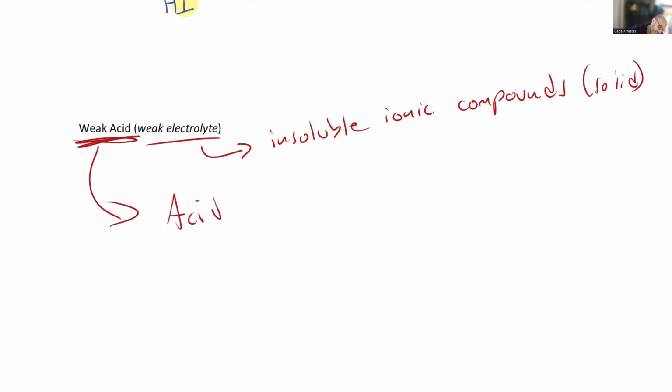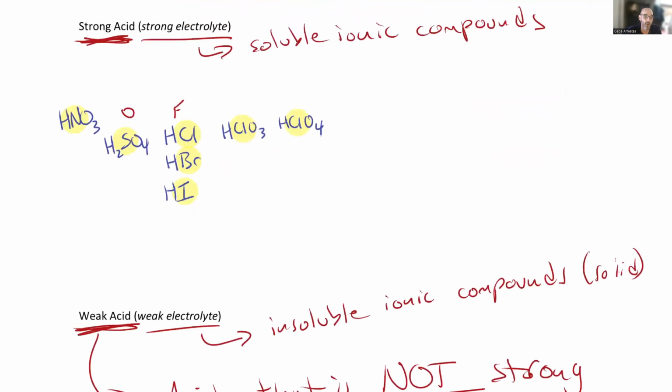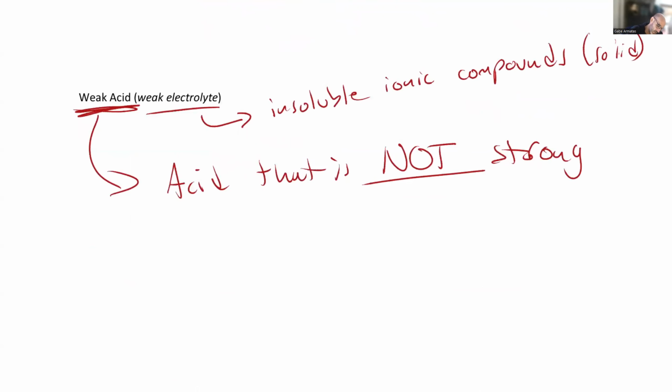Any acid that is not strong. So anything that's not on this list above is considered weak. So HF, weak. H2S, weak, because it's not in that list. HClO, weak, because it's not HClO3 or HClO4.